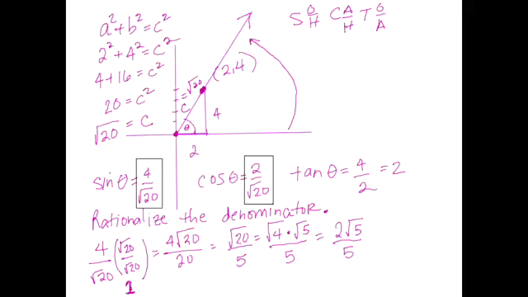We just did 4 over the square root of 20. Now let's work on 2 over the square root of 20. You can see that reducing is a critical part of simplifying your answer. So how to rationalize this fraction is simply multiply by the square root of 20 over the square root of 20. That is just simply 1.